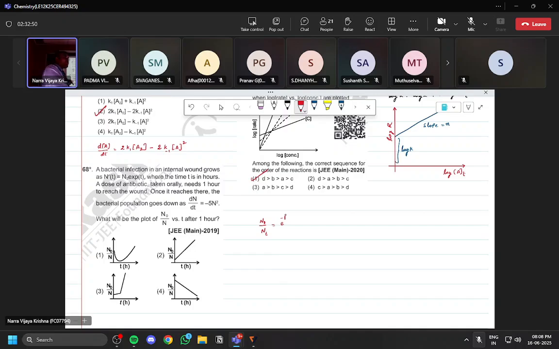It will take 1 hour to reach it. So what happens to this value? N0 by Nt at 1 hour equals 1 by e, when it goes from 0 to 1 hour.